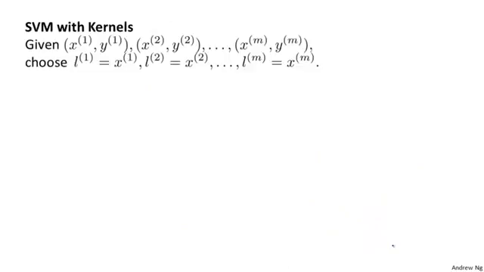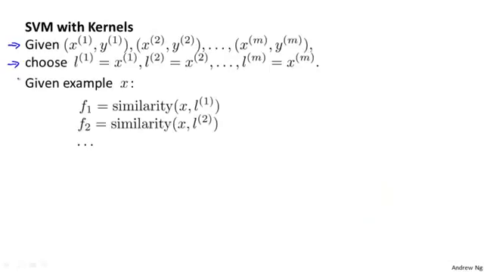Just to write this out a little more concretely, given m training examples, I'm going to choose the locations of my landmarks to be exactly the locations of my m training examples. When you're given an example x, which can be something in the training set, the cross-validation set, or the test set, I'm going to compute these features f1, f2, and so on, where L1 is equal to x1, and so on.